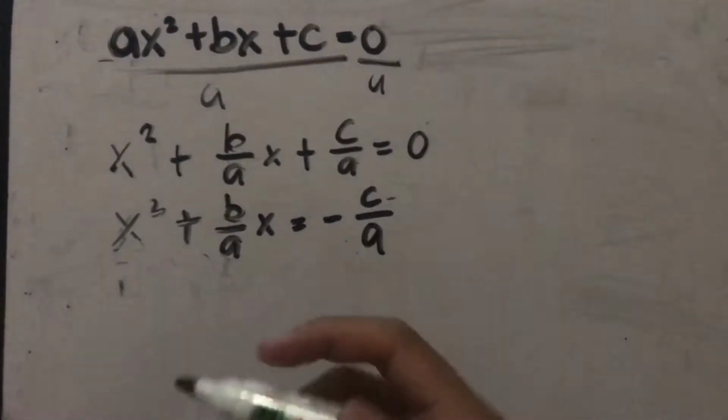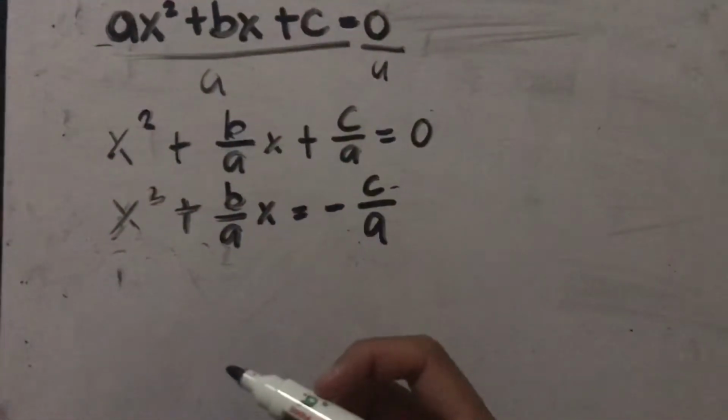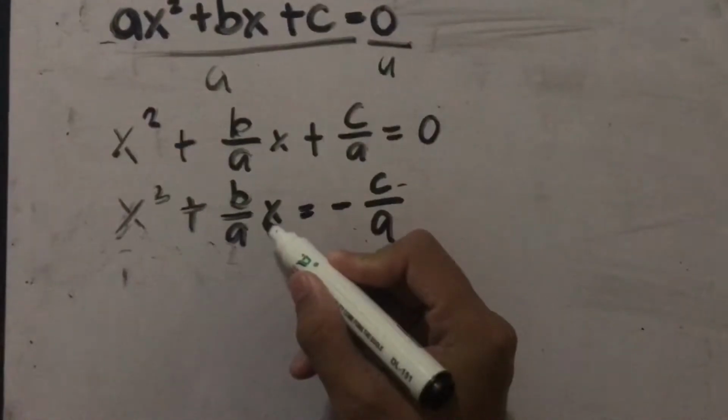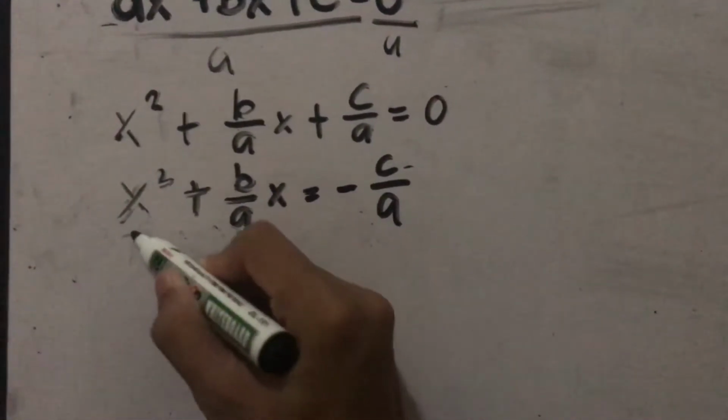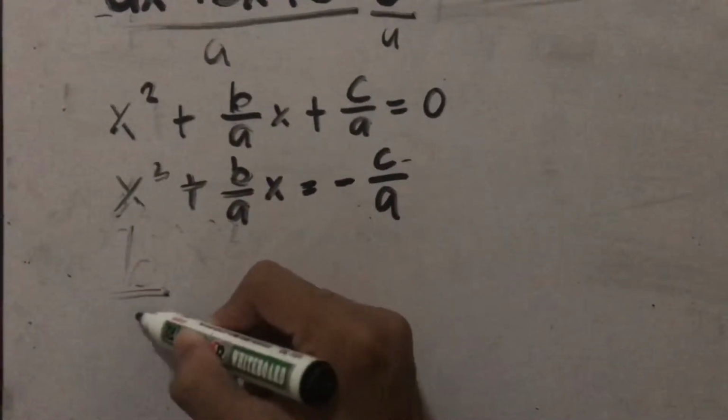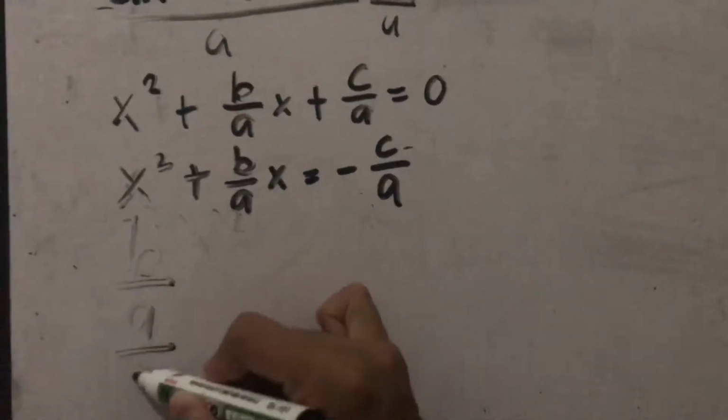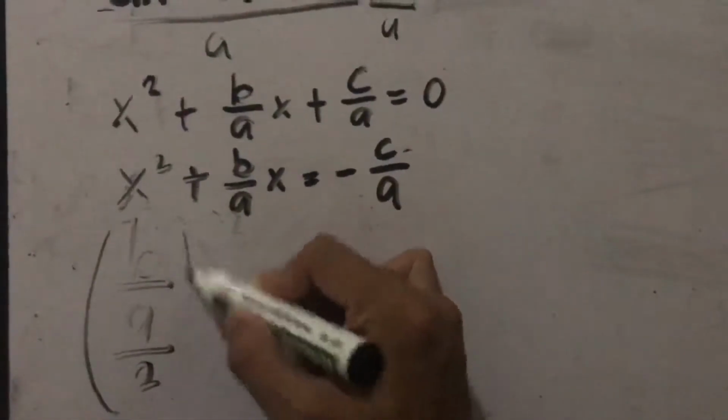So after that, we need to apply the completing the square method. So kuha natin yung value ng x. So b over a, over natin sa 2, then squared natin.